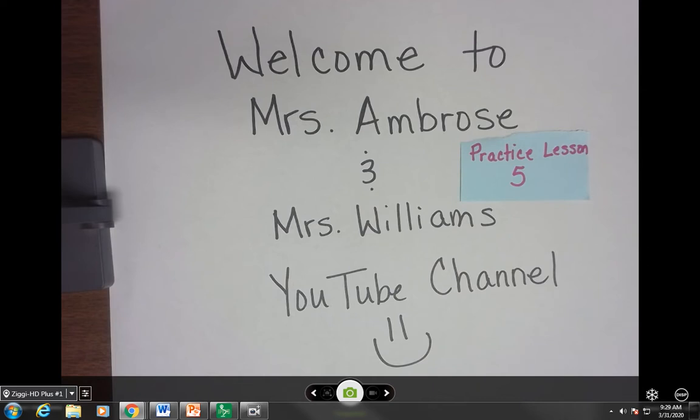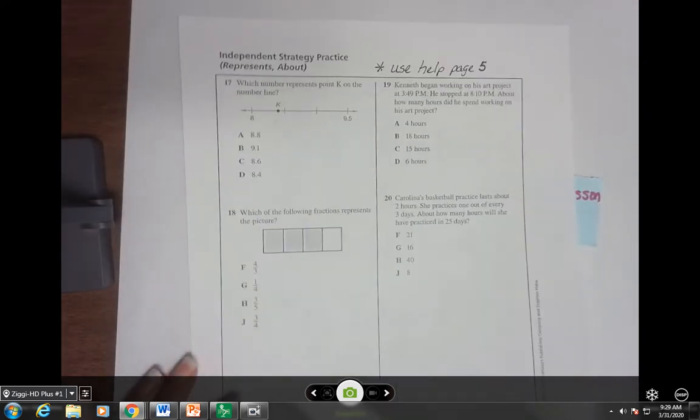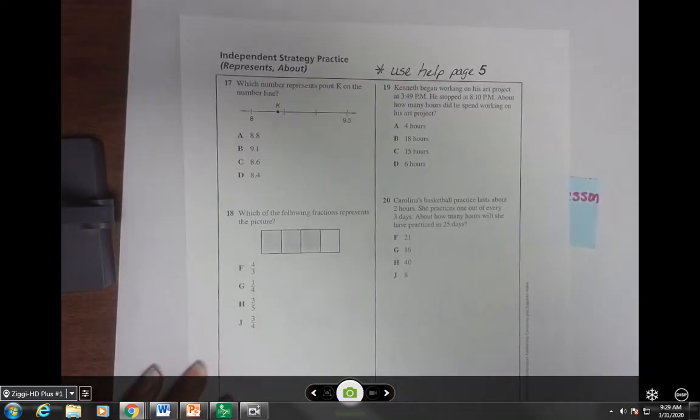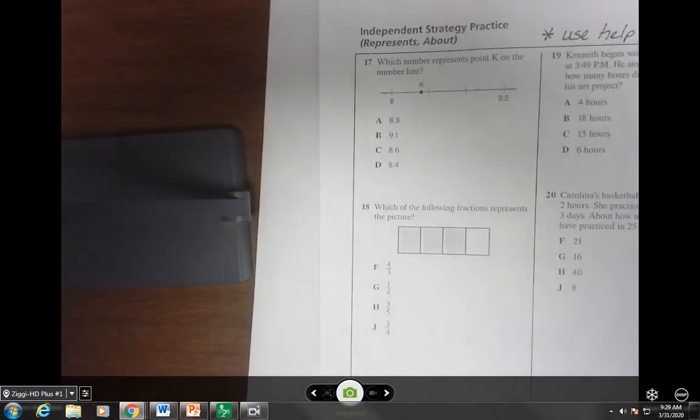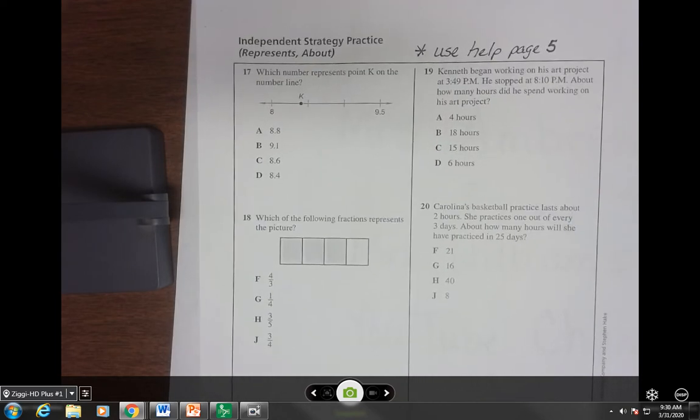All right, so let's go over our words for today. Let me grab that paper real quick. On practice lesson 5, I got our words here. We've got represents and about. Let's do about first, because we've seen that word a whole bunch this year. About is like close to, or near.